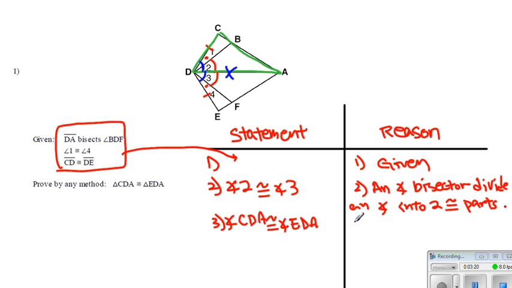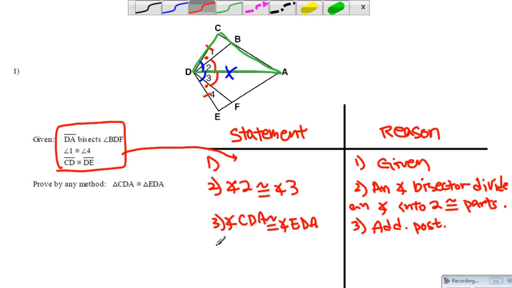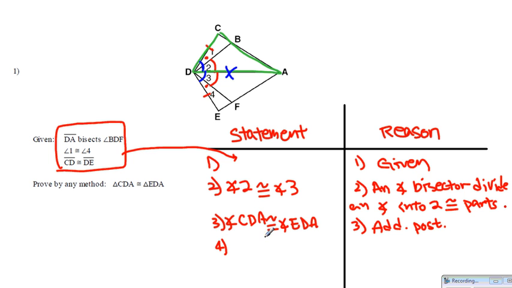So this will be number 3, addition postulate. All right, now let us move on to number 4. We also talked about line segment DA. It's congruent to line segment DA. Now step number 4, that's because of the reflexive property.